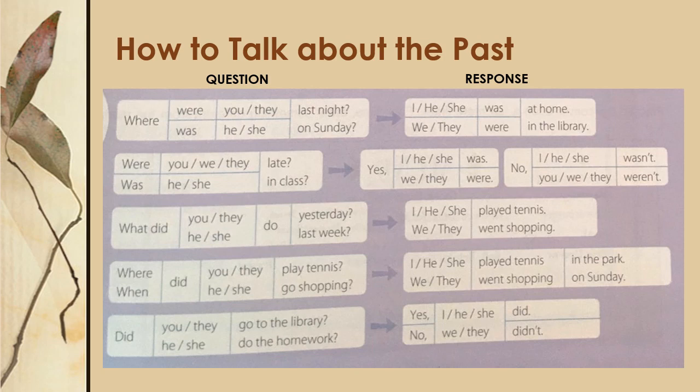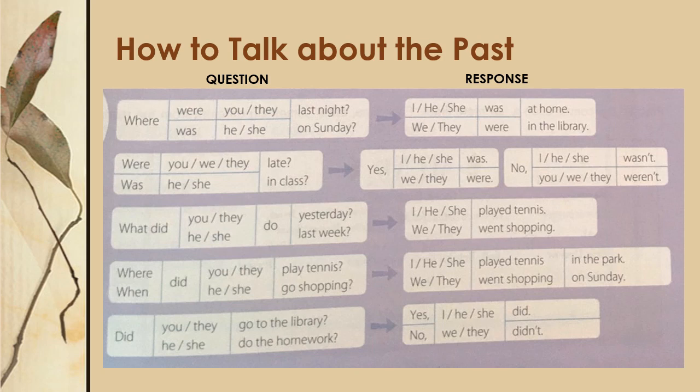In this column, you will see that these are all questions. They all end in question marks. While in this column, you see that they all end in periods because they are all responses or answers. So to talk about the past, you must learn how to ask questions and to give responses.